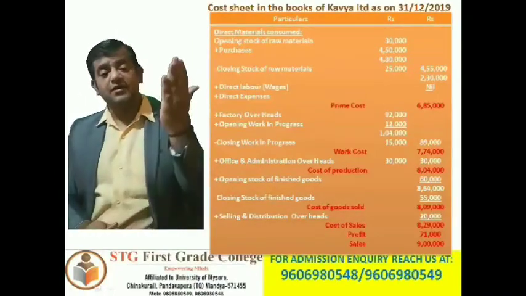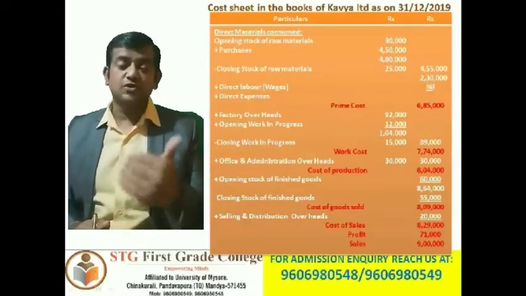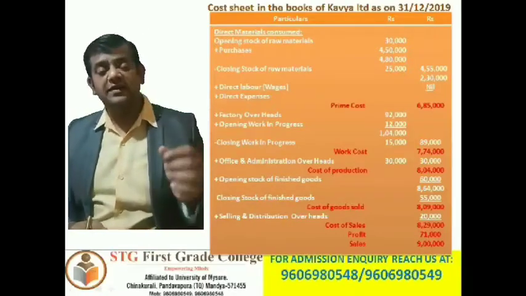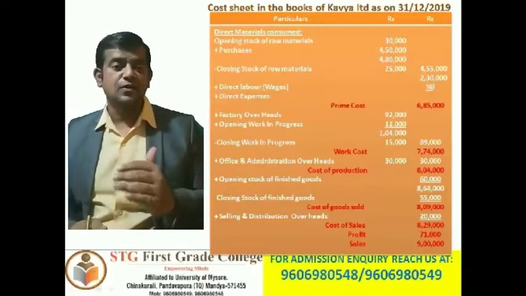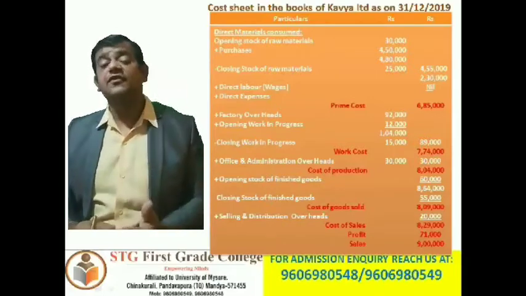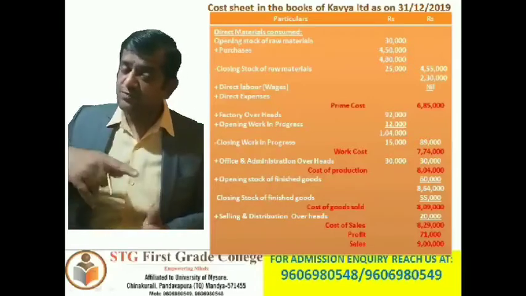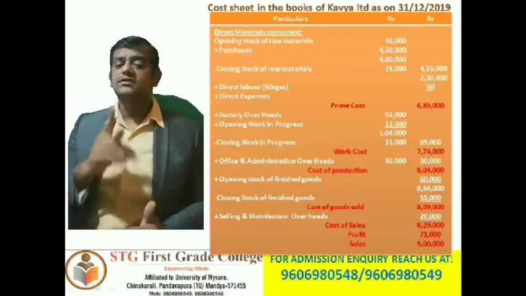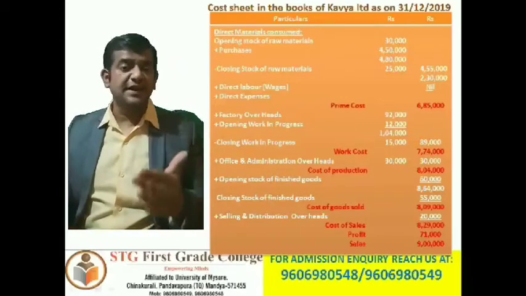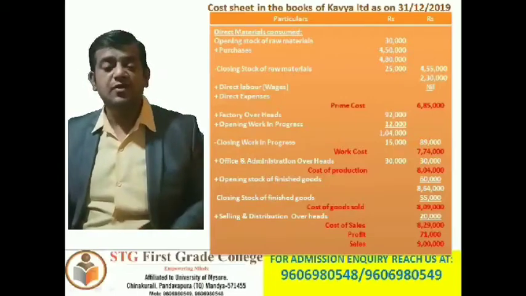Then we have opening and closing work in progress, which we add to factory overheads and deduct. Closing will be deducted from factory overheads, and at the same time we have finished goods also. So opening stock of finished goods must be added to the cost of production, and closing stock of finished goods should be deducted from the cost of production. Then we get the cost of goods sold.